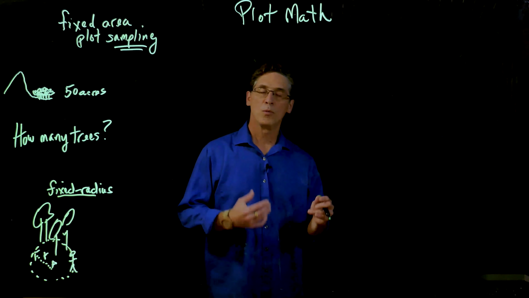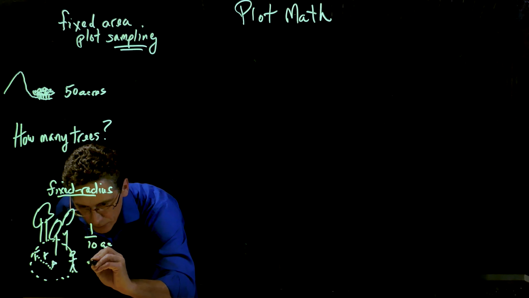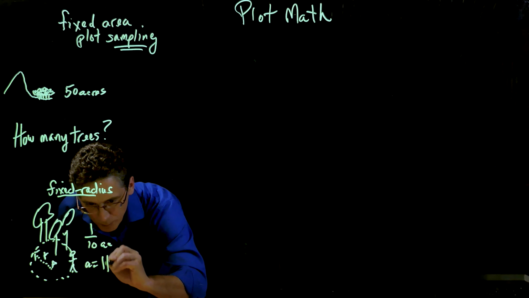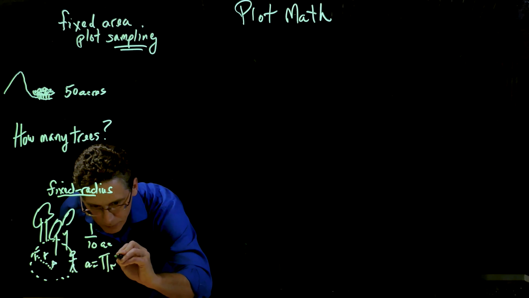A common plot size is a 1/10 acre plot. That means that the area of the circle is 1/10 of an acre, and 10 of them would be the equivalent of 1 acre. If we go back to our basic geometry, the area of a circle equals pi times the radius squared.